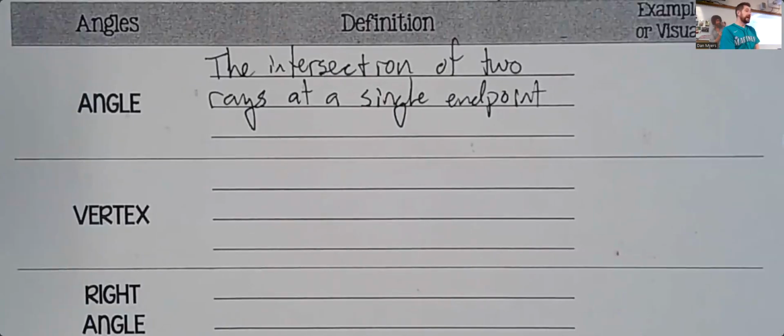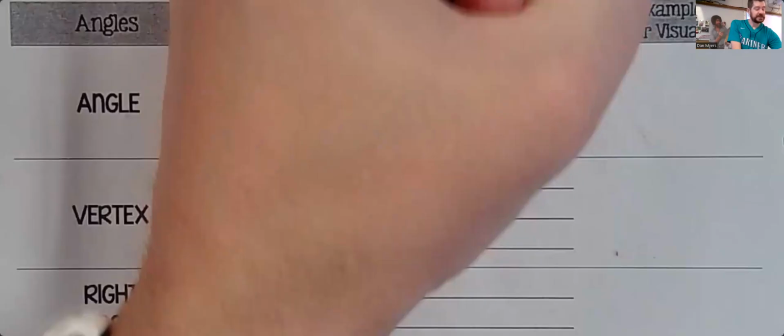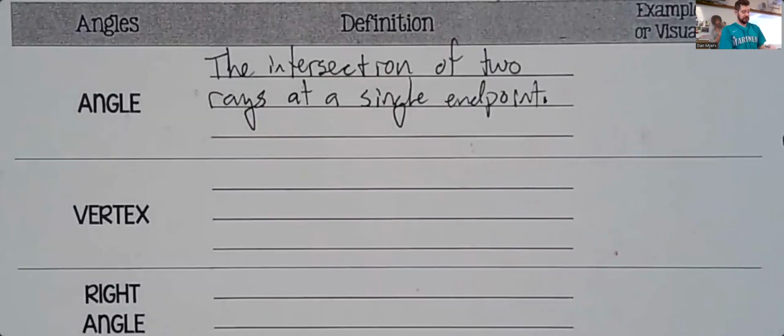The intersection of two rays at a single endpoint. That is the definition of an angle. So basically, two rays that meet at one endpoint create an angle.